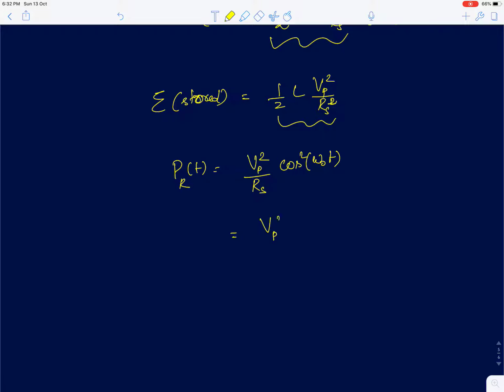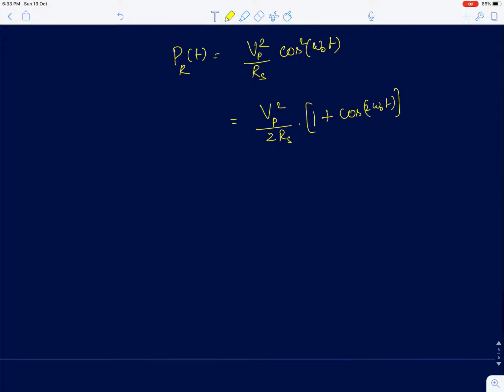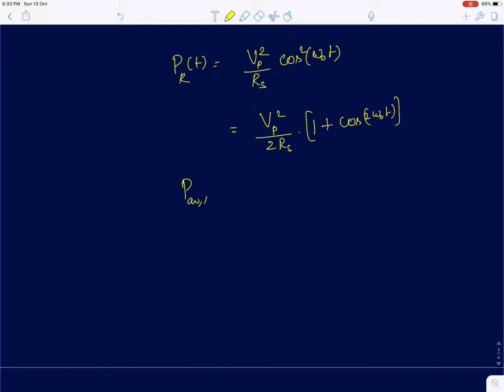This can also be written as Vp square by 2 Rs into 1 plus cos 2 omega naught t. Now the average power dissipated across the resistor will simply be Vp square by 2 Rs.